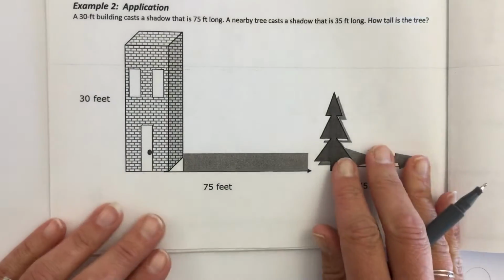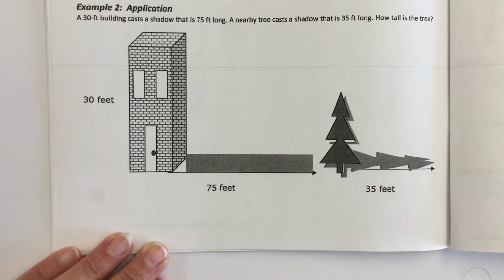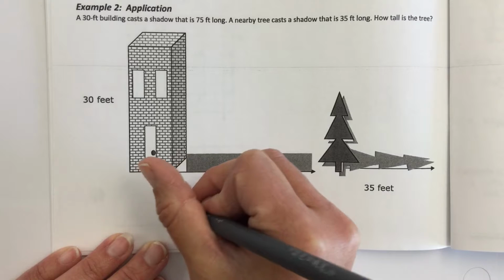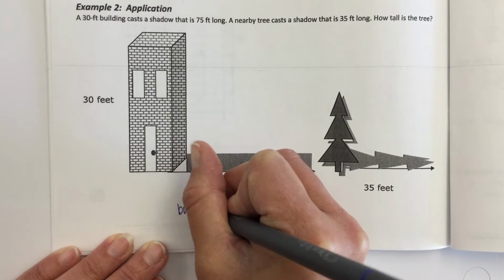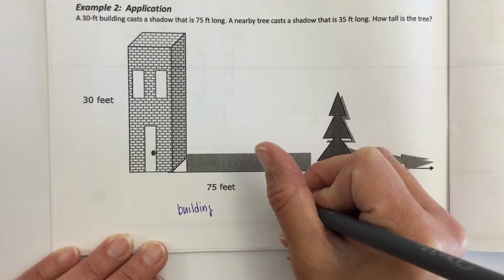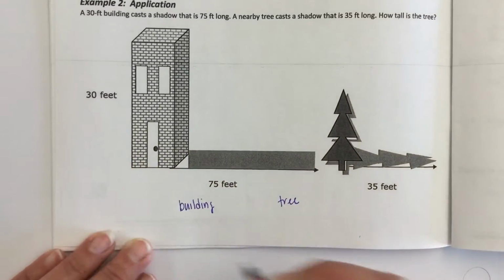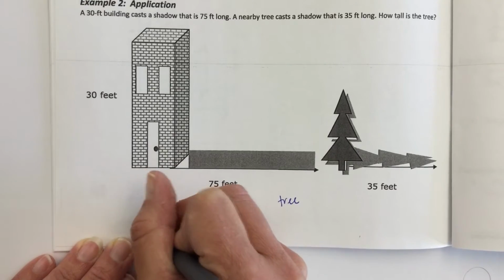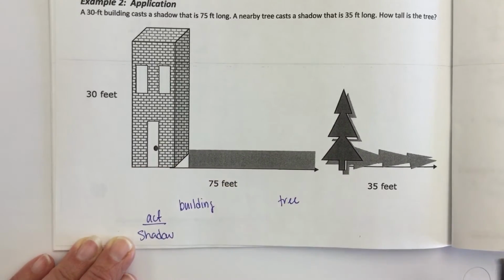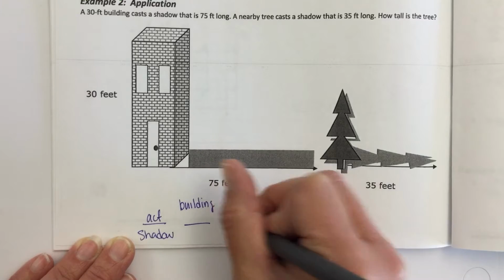So one thing that I like to do when I set up these problems is label a couple of things. So maybe we could do like the building, and then we've got our tree over here. And then we have the actual height of the building, and we have the shadow of that building. And that's gonna be true for the tree as well.